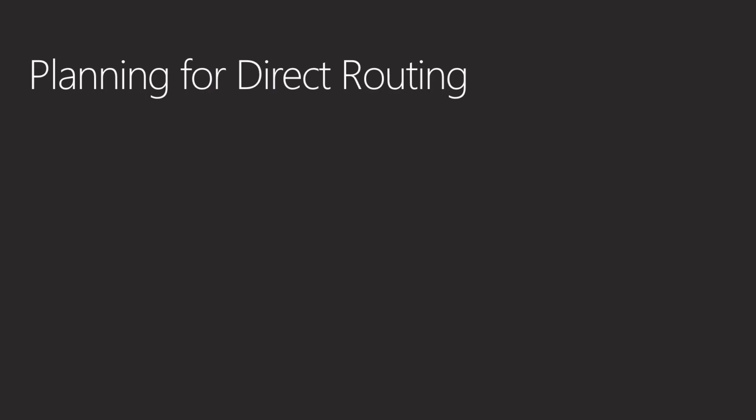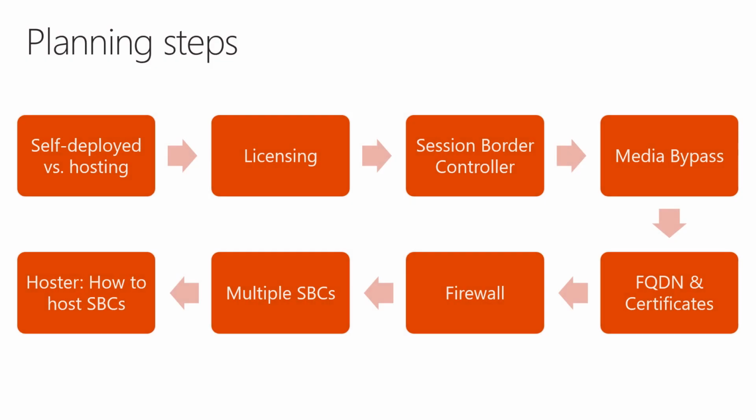So how can you plan for direct routing? Deploying direct routing requires a few planning steps. First of all, you need to figure out if you want to deploy the SBC yourself and host it in your environment, or if you want to work with some partner who hosts the SBC on your behalf. Next, you need to figure out what licenses you need and get these licenses and assign them.